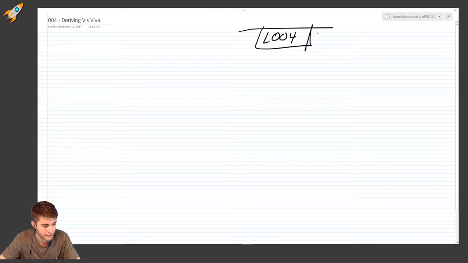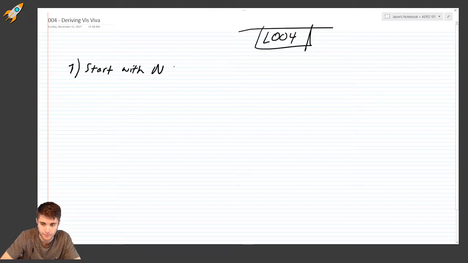So we've got a general sequence that we've been using to calculate these new and exotic equations for orbital mechanics, and it's as follows. 1. Start with Newton's awesome equation.